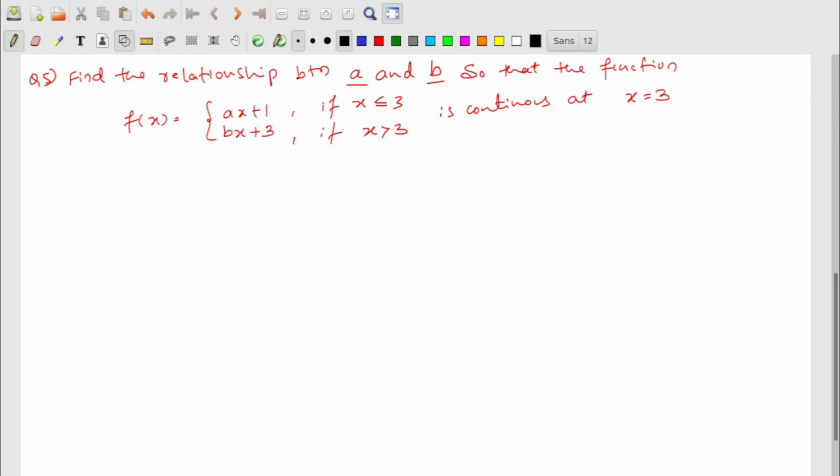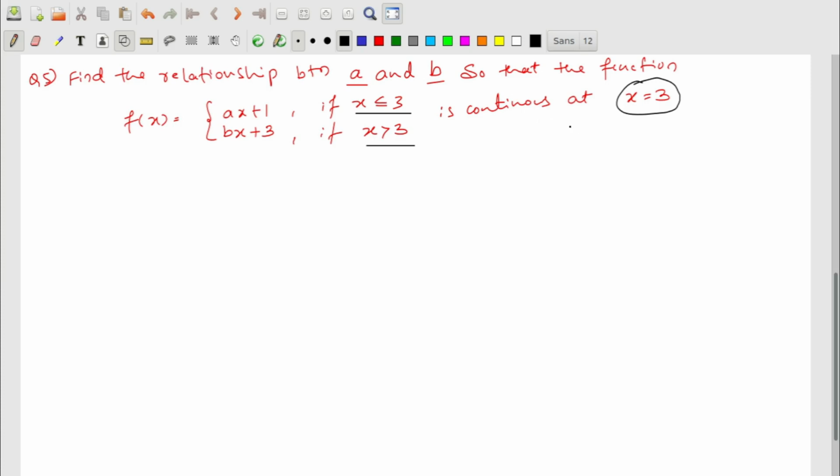Find the relationship between a and b so that the function f of x, that is ax plus 1 if x is smaller than or equal to 3, bx plus 3 if x is greater than 3, is continuous at x is equal to 3. So here the function is continuous at x is equal to 3. It is given, right?